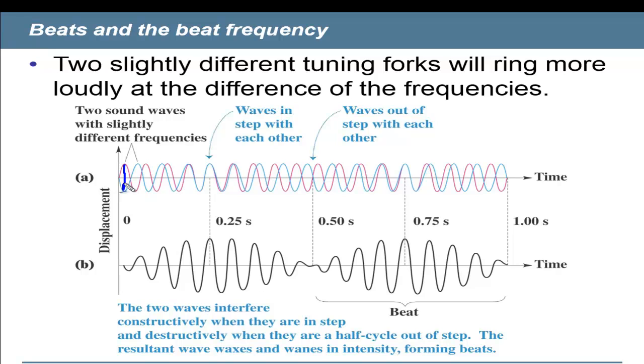So when they add up, it becomes a zero net displacement. Then once they get over here, they're perfectly lined up, and we see that our amplitude is maximum for the two waves right here because they're added together.